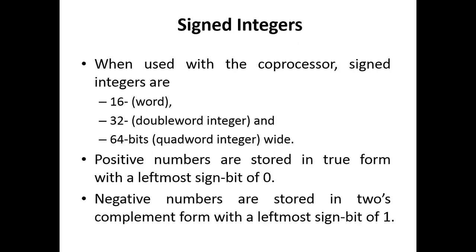As we are dealing with the signed integer, we need to be aware whether a number is positive or negative. The sign is indicated by the most significant bit, that is the leftmost bit. If the leftmost bit is 0, then the number is positive, and if the leftmost bit is 1, then the number is negative.